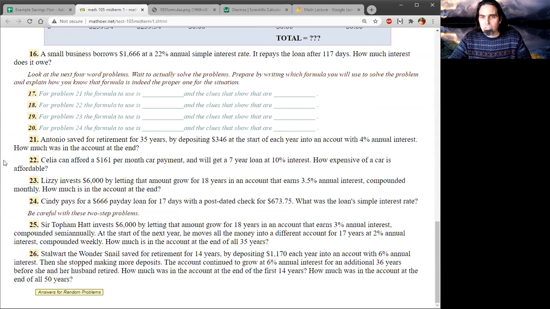Which one of the ones on our new random test is the annual increasing annuity formula?